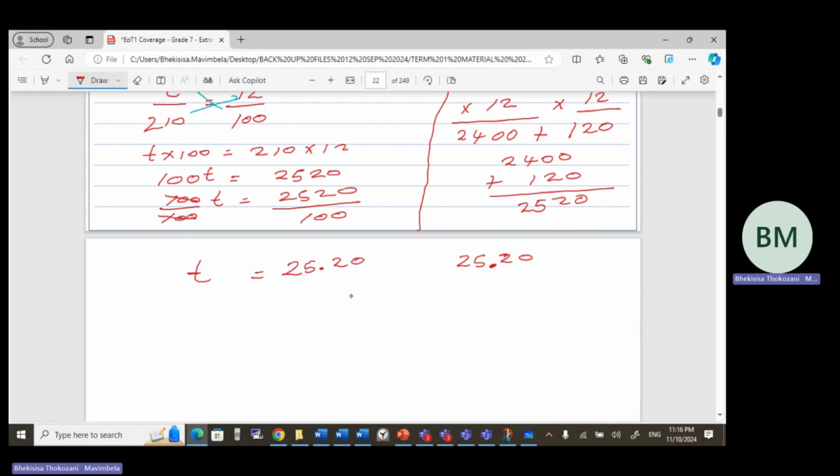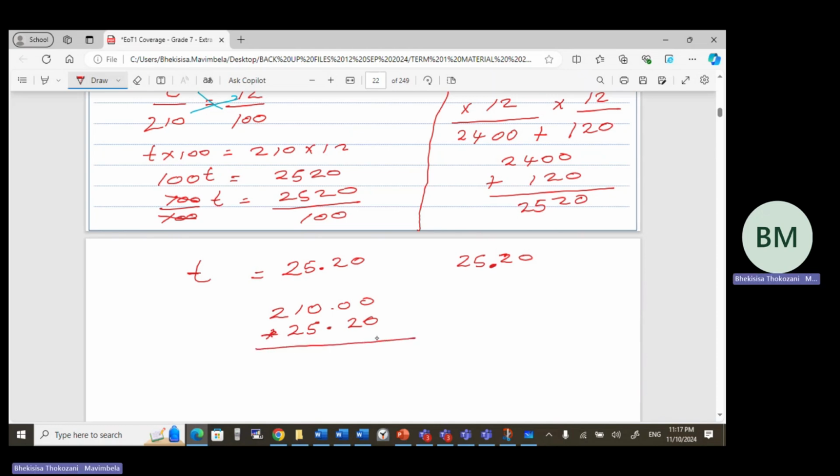Now, I know some students leave the answer here, but you don't need to do that. Now you're going to add with the 210. So you're going to say 210, right? I'm putting those zeros to accommodate my cents there, and 25.20, and then we add all of this.